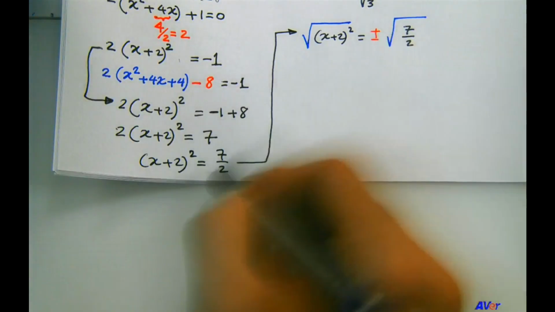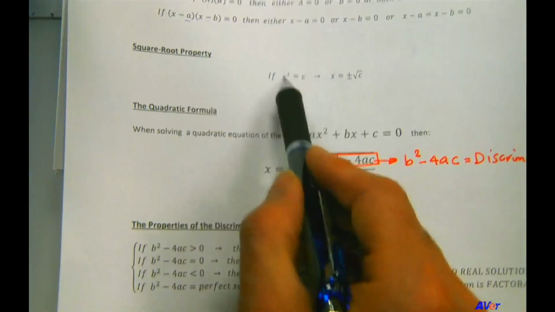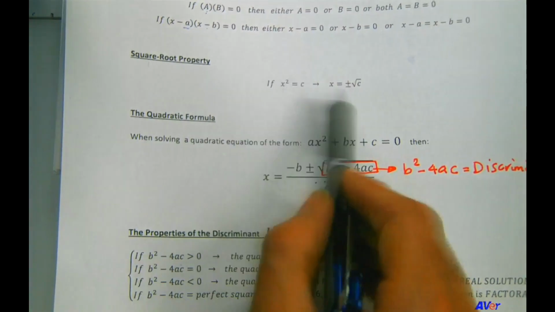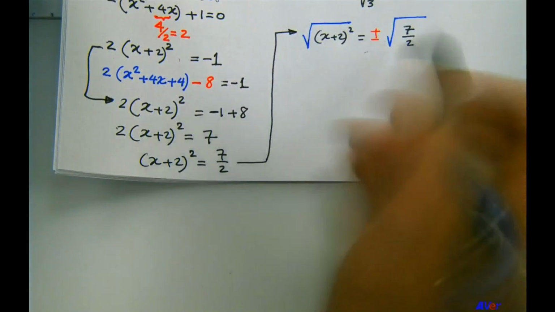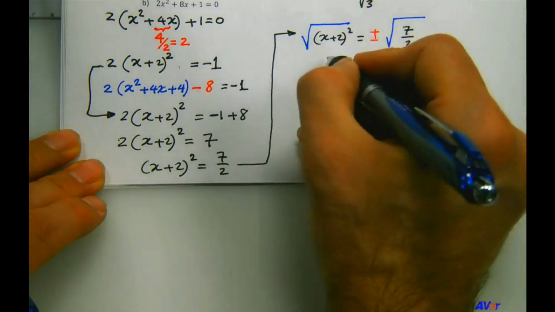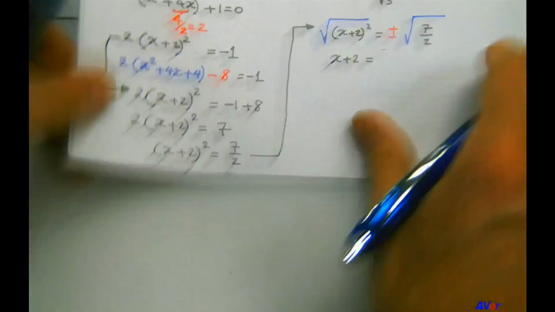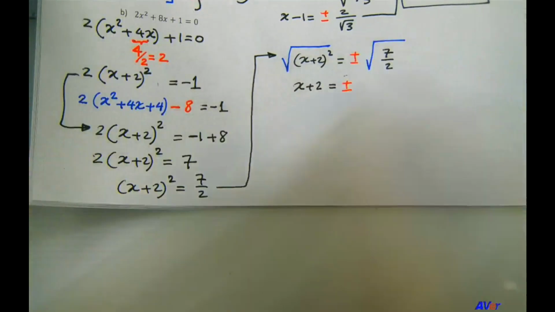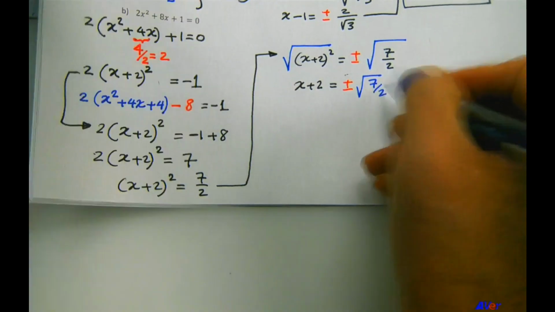So we end up with, by the square root property, remember that square root property: x squared equal to anything, taking the square root of both sides, we end up with x equals plus or minus square root of c. And that's what we have, plus or minus that. And the left side will be just x plus 2 equals plus or minus square root of 7/2, right?